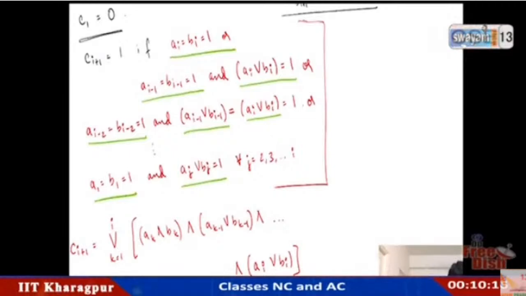So it's an OR of all these things. Maybe it will help to look at the k equal to 1 case. When k equal to 1, we have A1 and B1, so both of them should be 1, which is actually the last row over here.